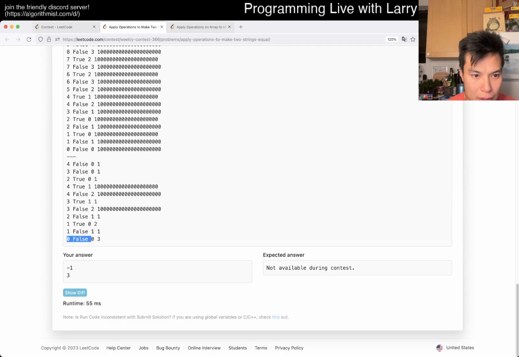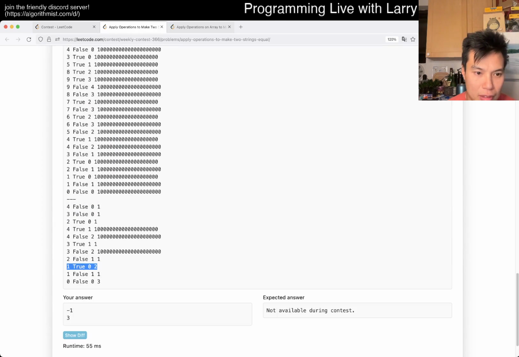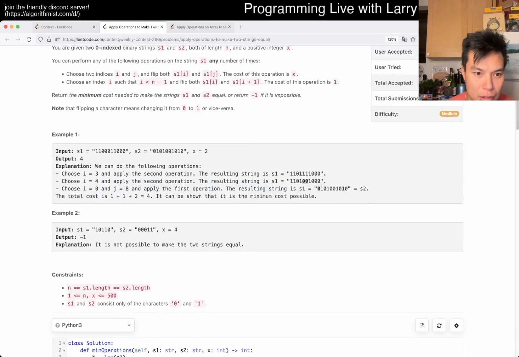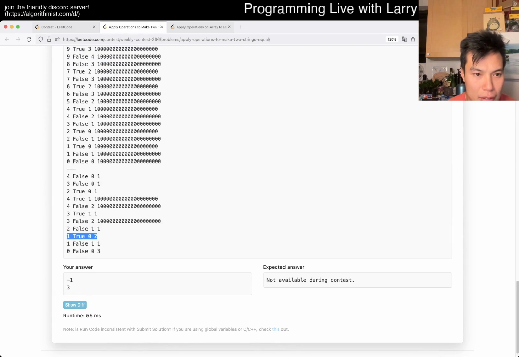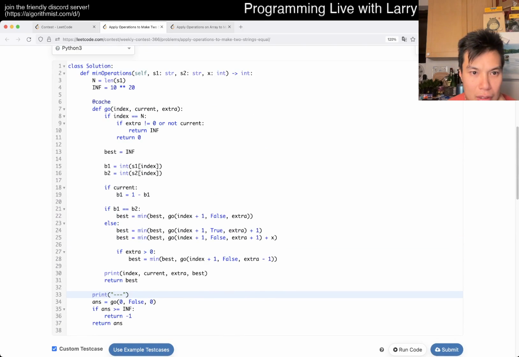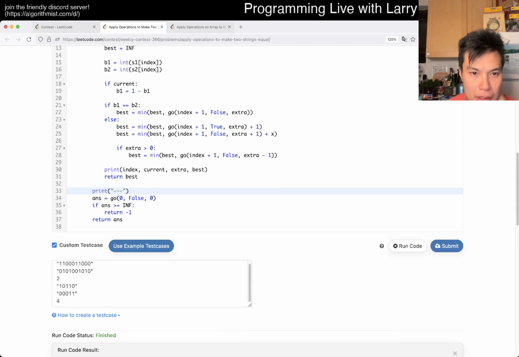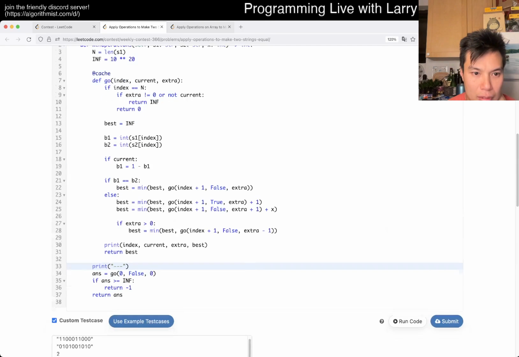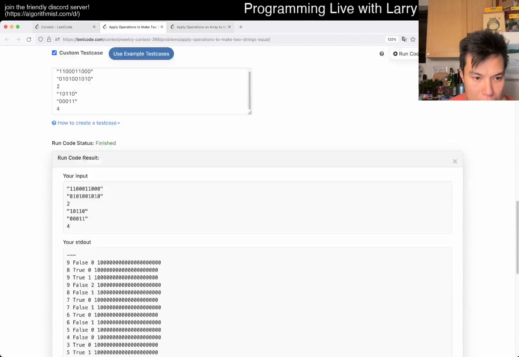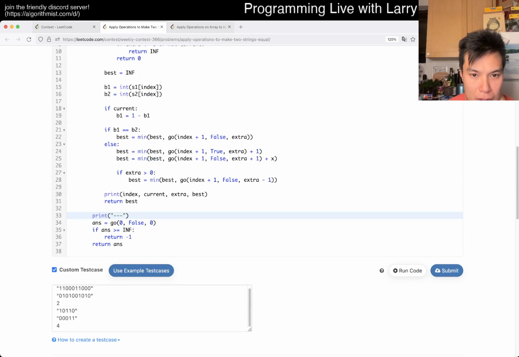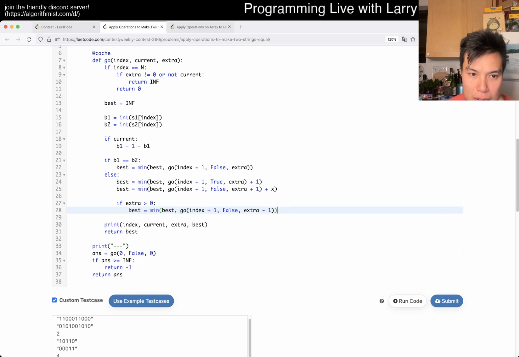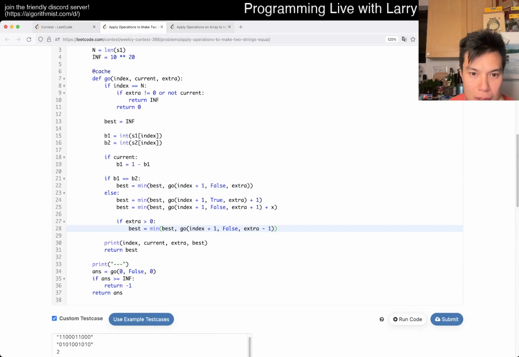Okay, so this goes 3 because this thinks that you can flip the first one, and there's a true. What are these states? So you get to the last one, false and 0. And pass is 1. What? So let's see, 4, false and 0. False and 0. Why? How? Tell me why.